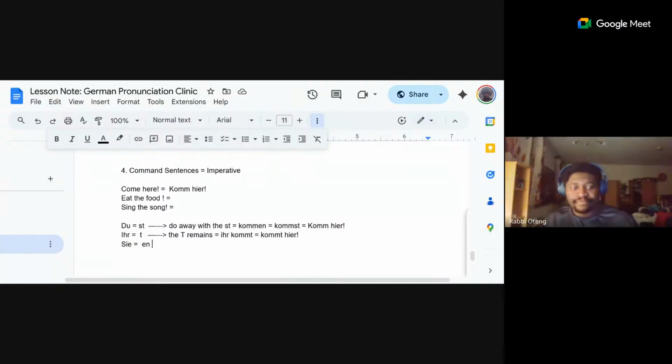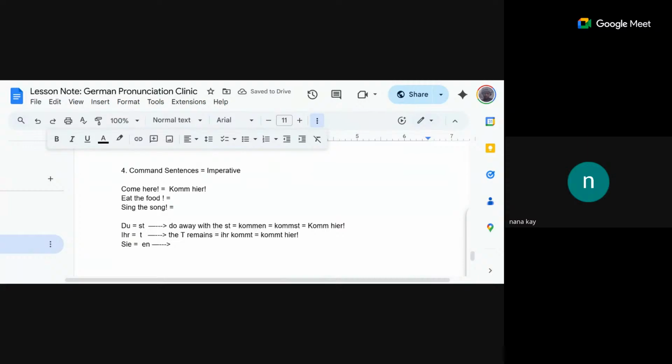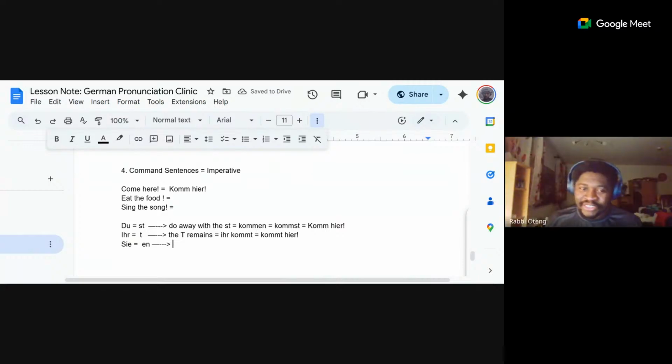I've taught this. Then for the Sie form, it remains the same too. So if I'm telling Herr Müller to come, Herr Müller, kommen Sie hier. Not komm. And even with that one, I have to add bitte, to be more polite.